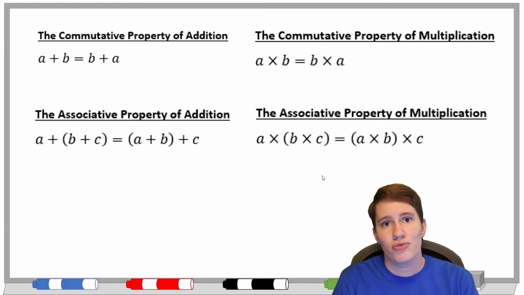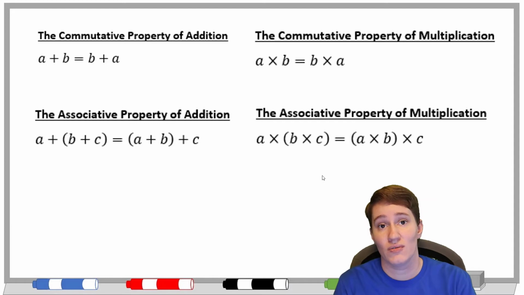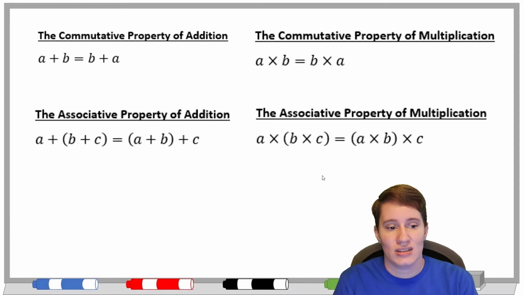But if it's true for any number ever, then the way we can represent that is by using variables. So in each of these cases, A, B, and C could be whatever they wanted to be, and this should still work. You could literally pick any numbers for them, and it should work out to be true.